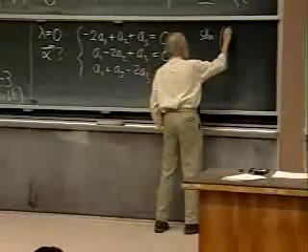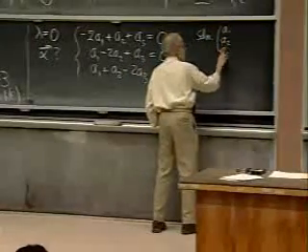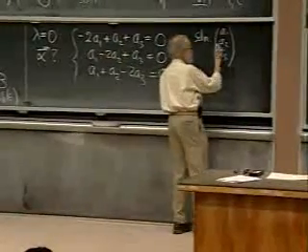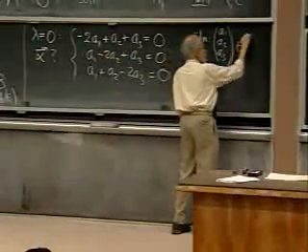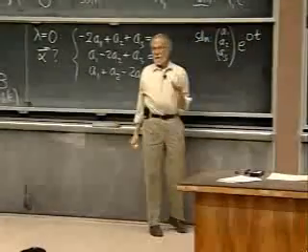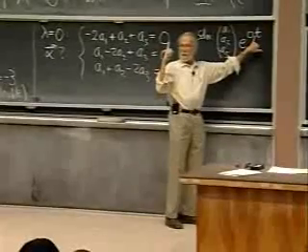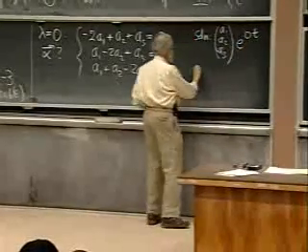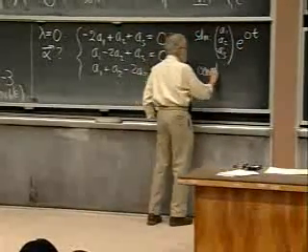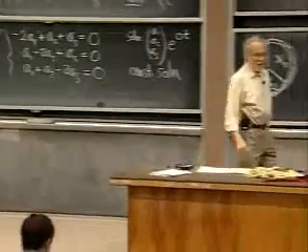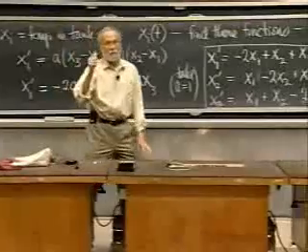Well, it would look like A1, A2, A3, whatever the values of those variables were, which gave me the solution to the equation, times e to the 0t, right? Well, what's this? e to the 0t is 1 for all time, and therefore this is a constant solution. So what I'm asking is to find a constant solution.